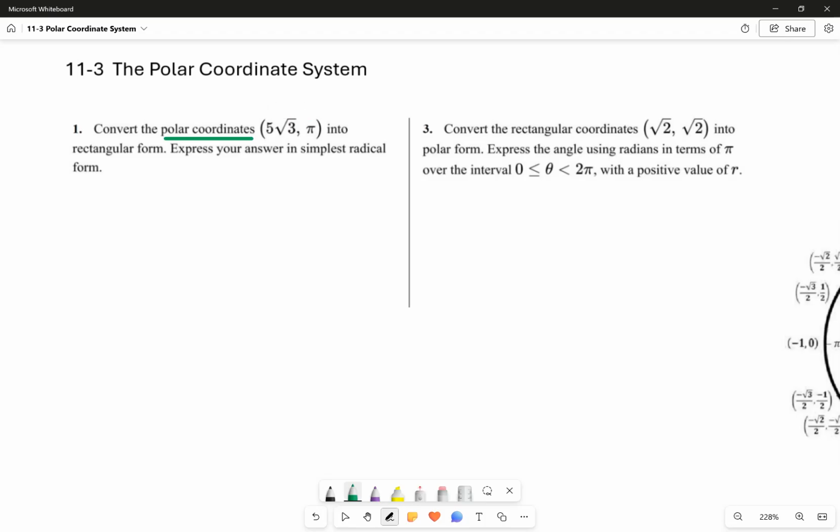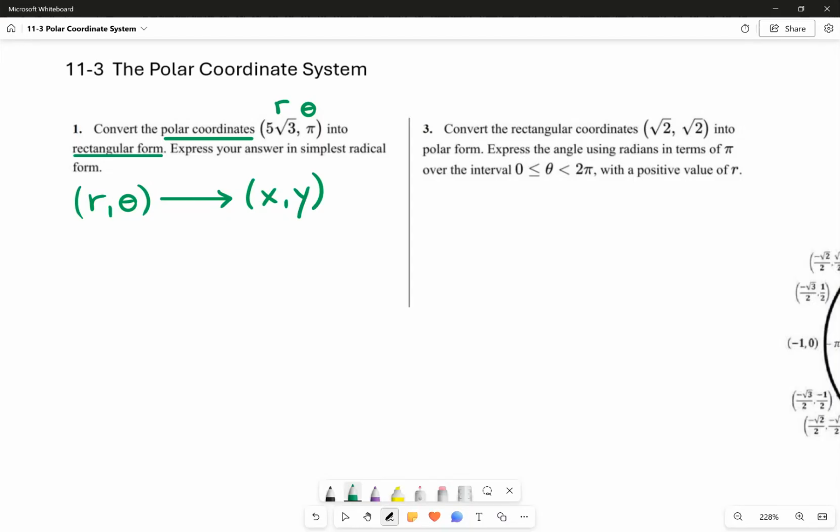This is my r, and then this is my theta. So I need you to change it into rectangular form. So I'm going from r comma theta and I need you to convert into x comma y.